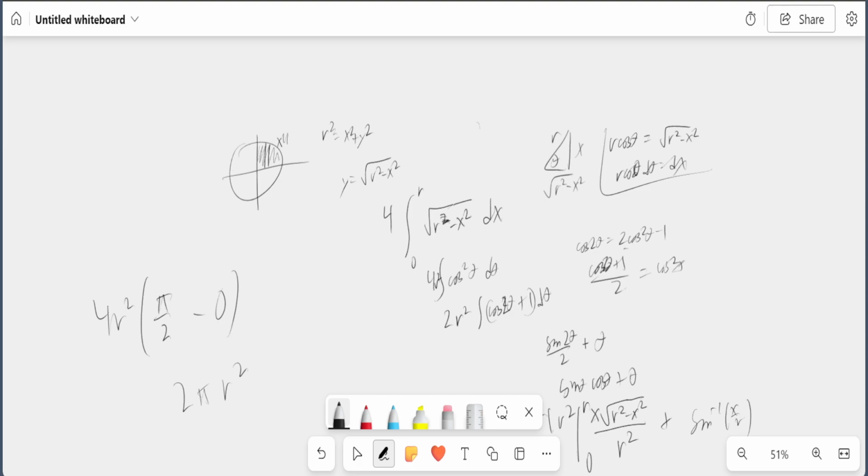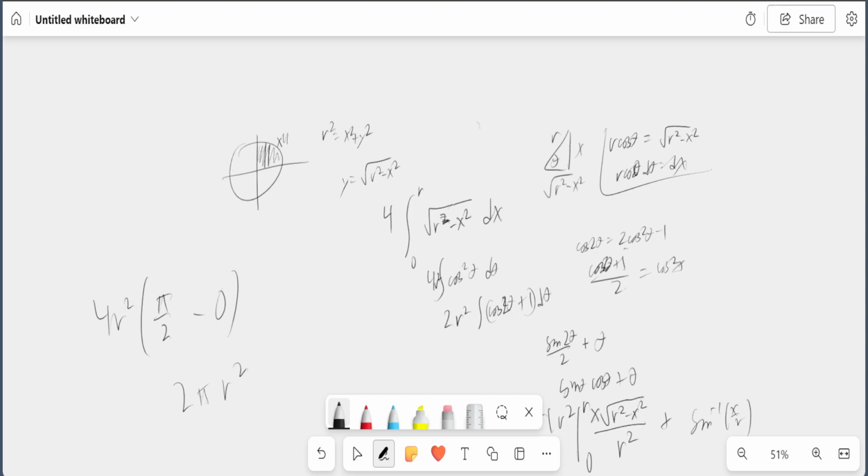Oops, did I do something wrong? 4r squared, 2 pi r squared. The interesting thing is I'm just getting double my answer. So if we go from negative r to r, it gives us the right answer. So I'm just wondering why if we only go from 0 to r, all of a sudden it doesn't.